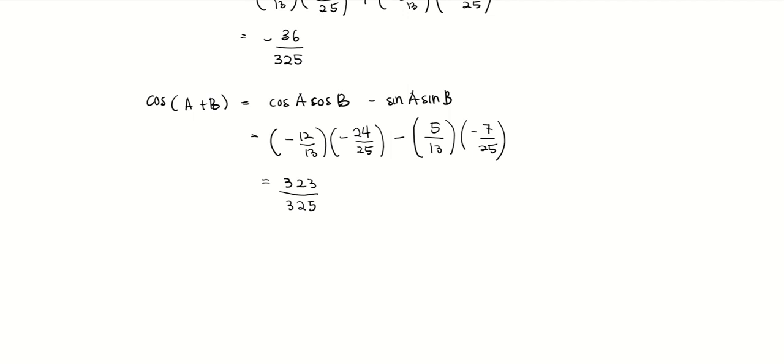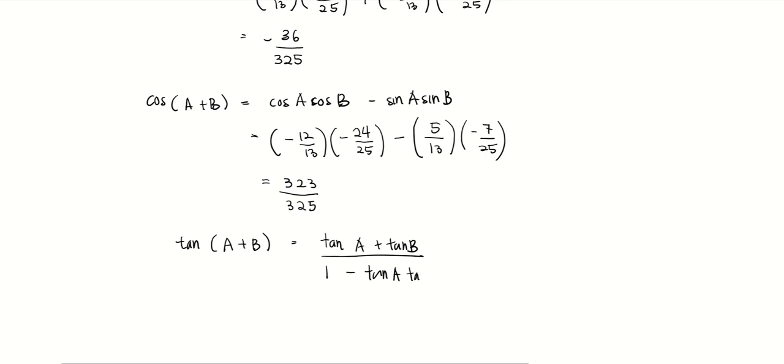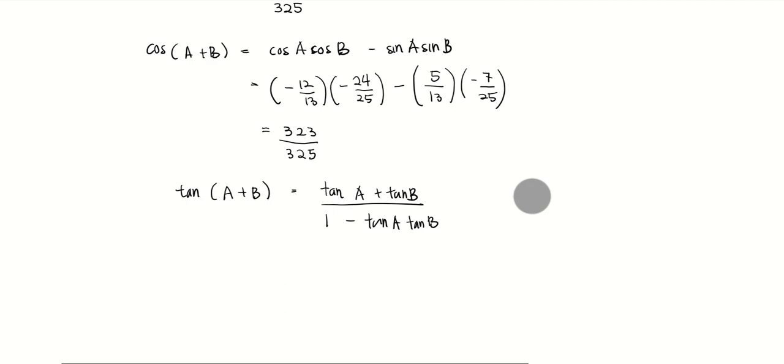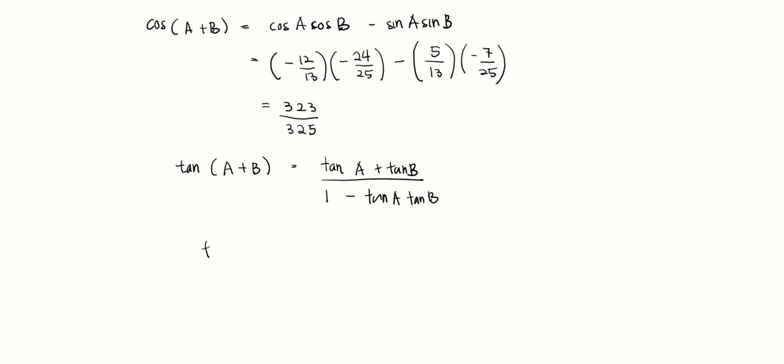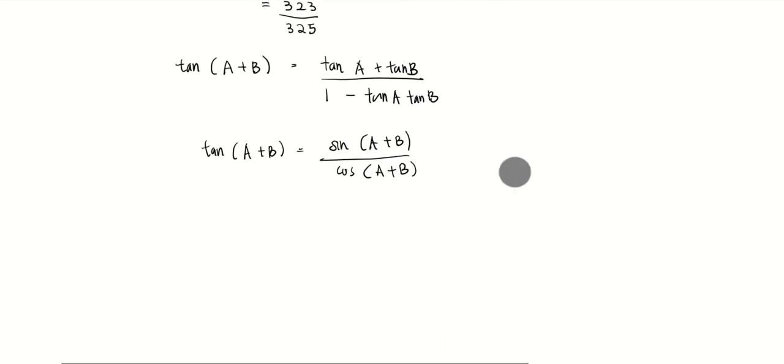Okay, so the last one is tangent A plus B. We can use the compound angle identity, which is tangent A plus tangent B over 1 minus tangent A tangent B. Then we can substitute the values for these ratios. But the simplest way, we know that tangent A plus B is also equal to sine A plus B over cos A plus B. We already have those values, so we just substitute them.